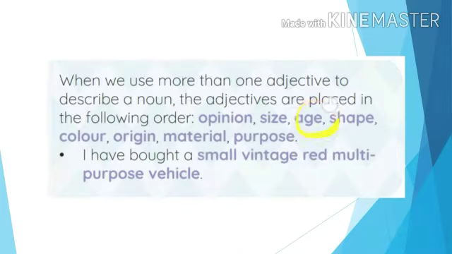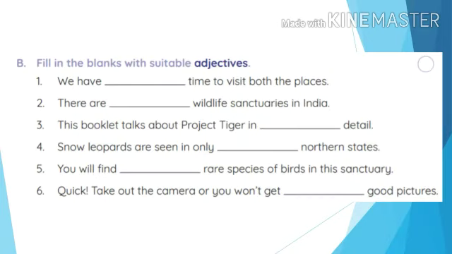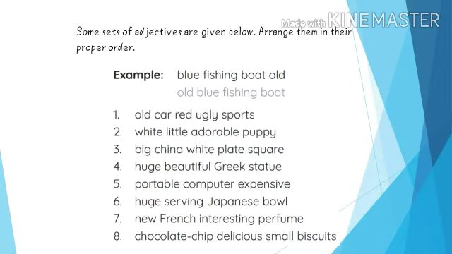Then we have a color, that is blue. Then we have a fishing boat, boat is a material, and fishing can also be considered as a purpose. So likewise we need to find these out.